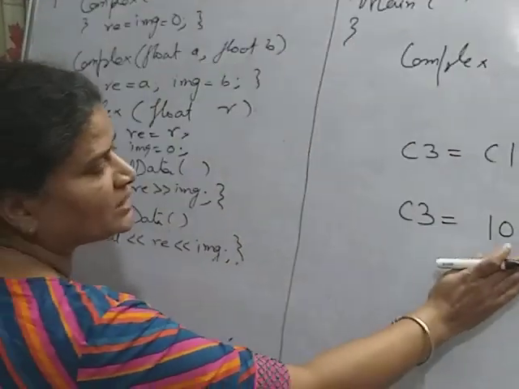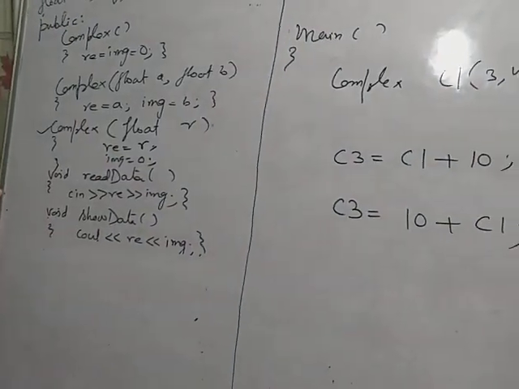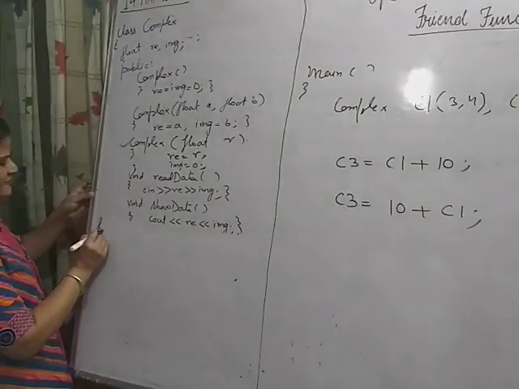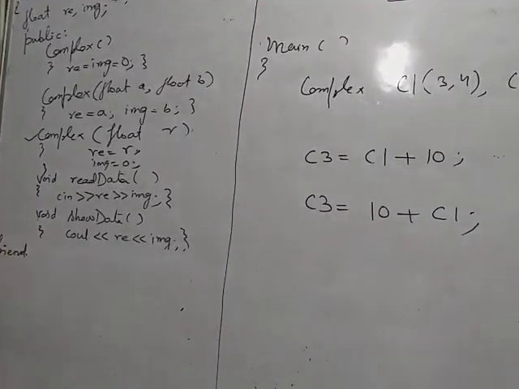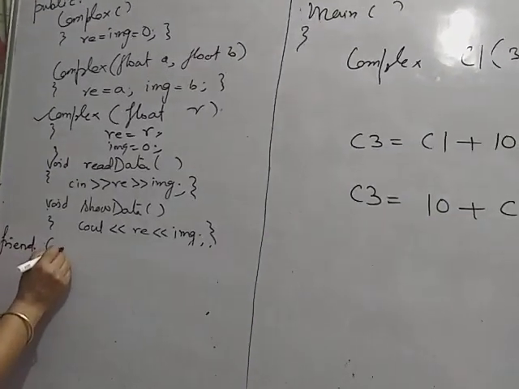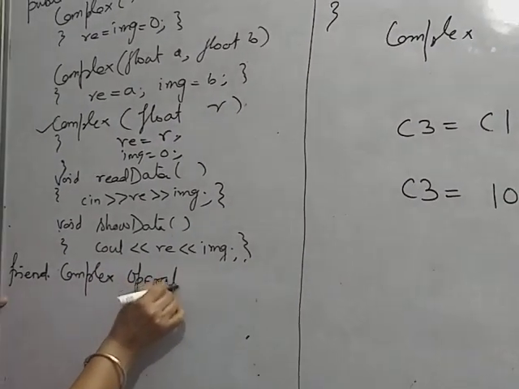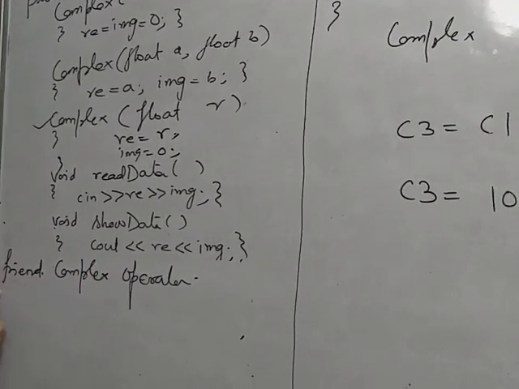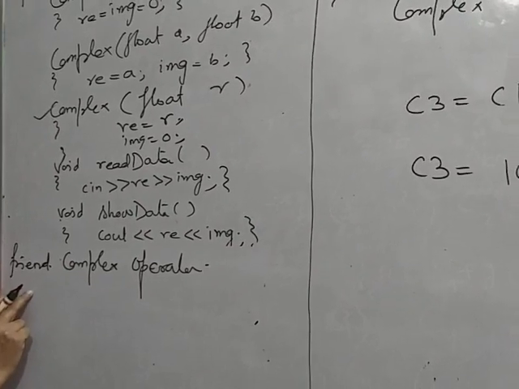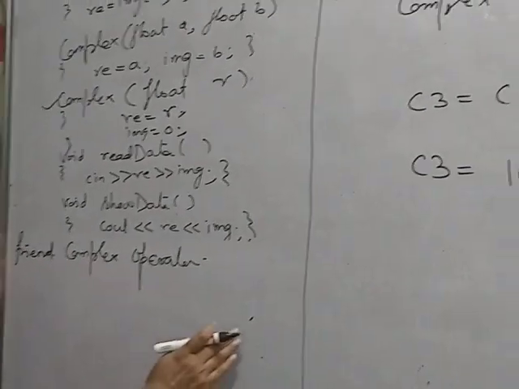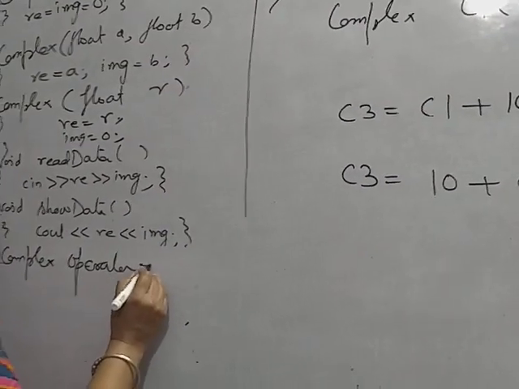Now I am overloading this plus operator using a friend function. Friend is a keyword, then the return type complex, then operator plus, and everything else is the same, but I will use the friend keyword.